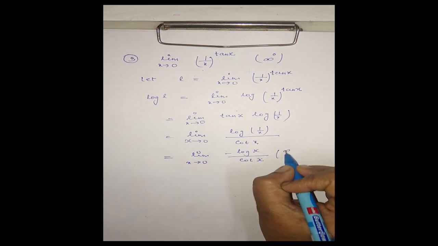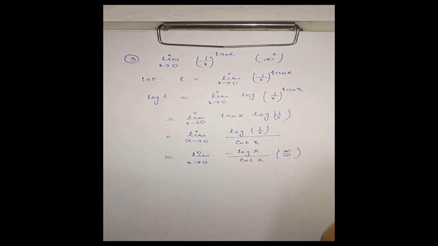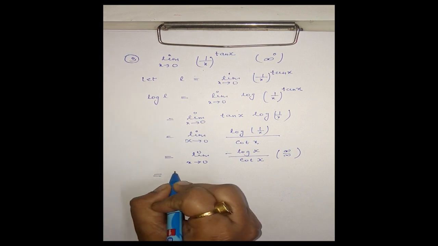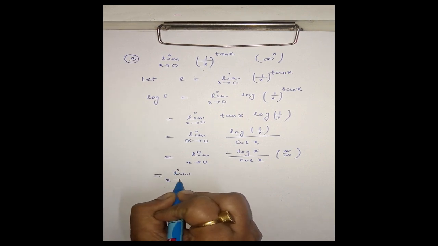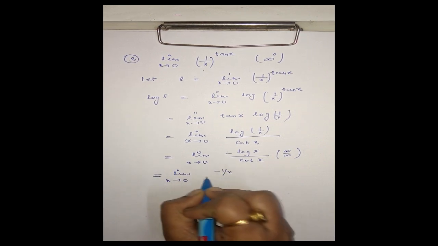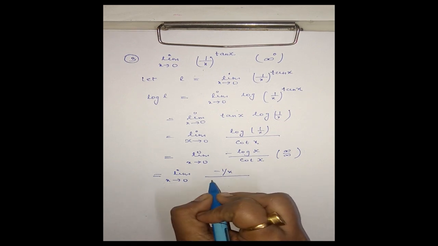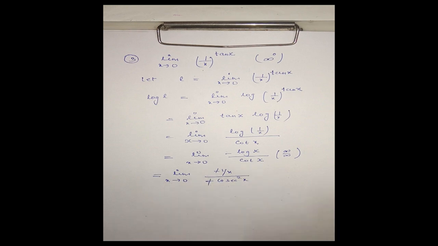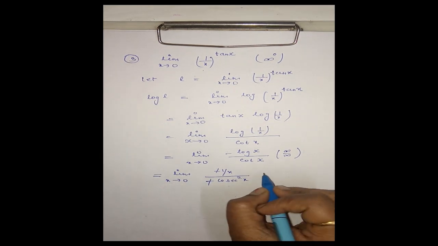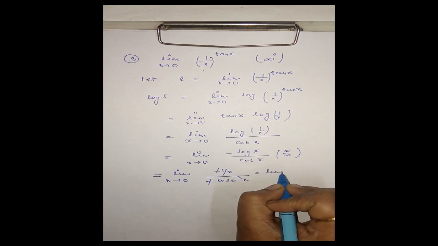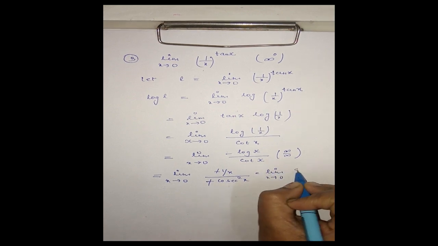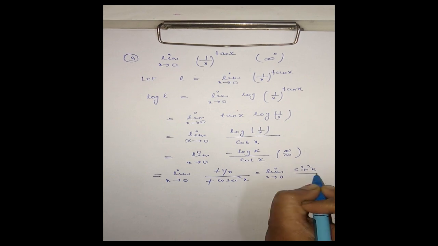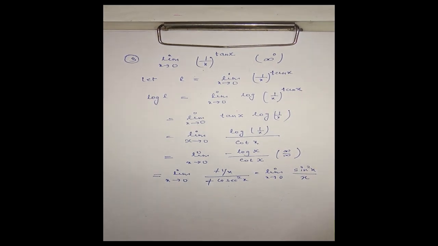Okay. Now taking limit as x tending to 0, this is infinity by infinity form. Now on applying L'Hopital rule, this is minus 1 by x divided by minus cosec square x. Minus will get cancelled out here. That means this is equal to limit x tending to 0, sine square x divided by x.